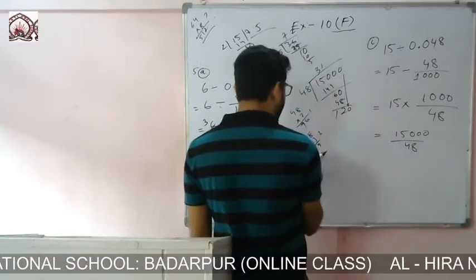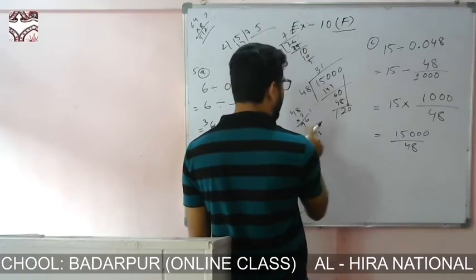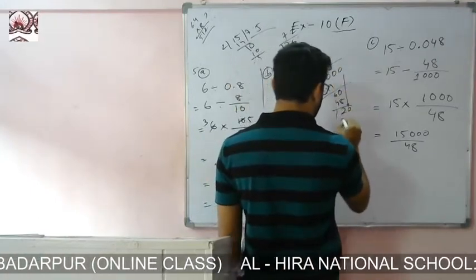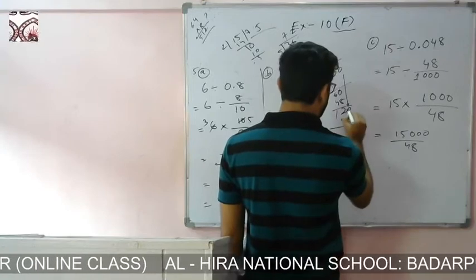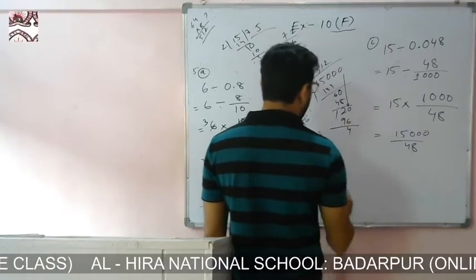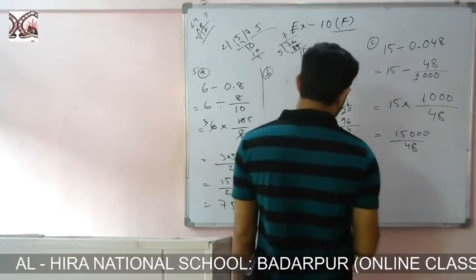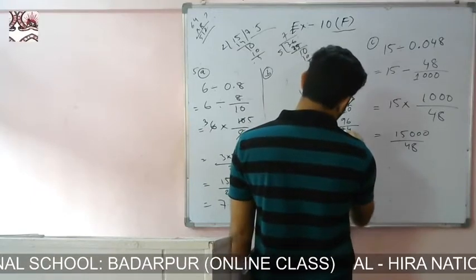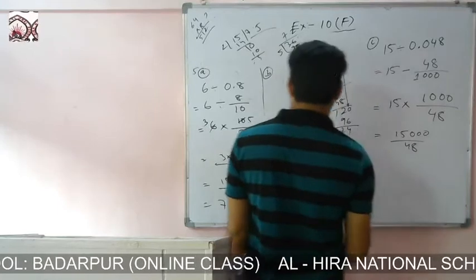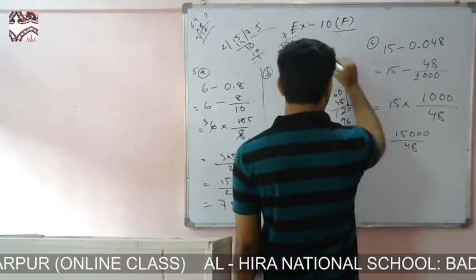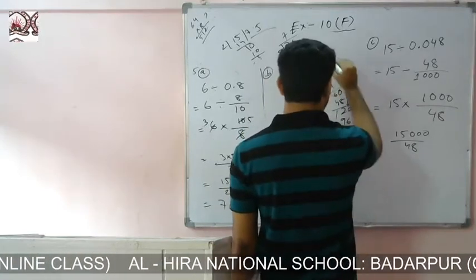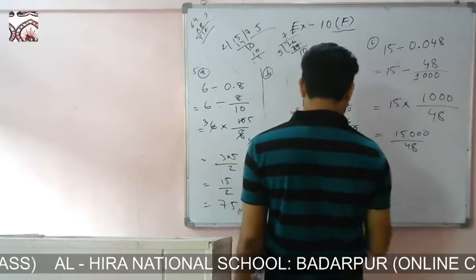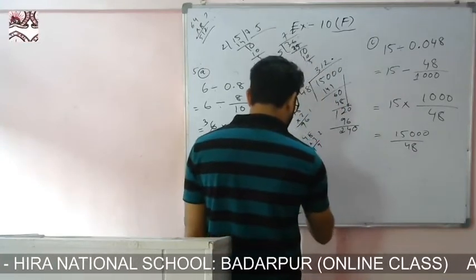So 48 3s are 144 and 48 2s are 96. Then here 10 minus 6, 4. Here remain 1. So 11 minus 2, 24. Again also not divisible. Now we shall put a point and we'll put 0. 240.